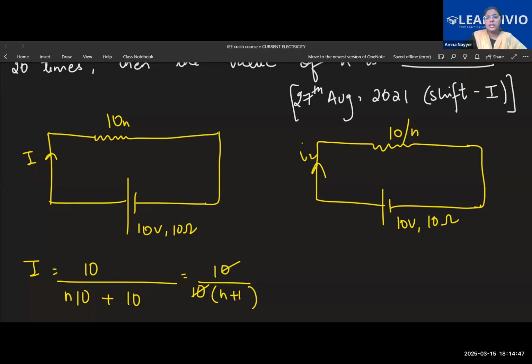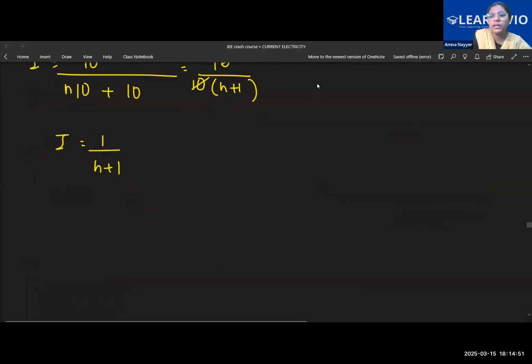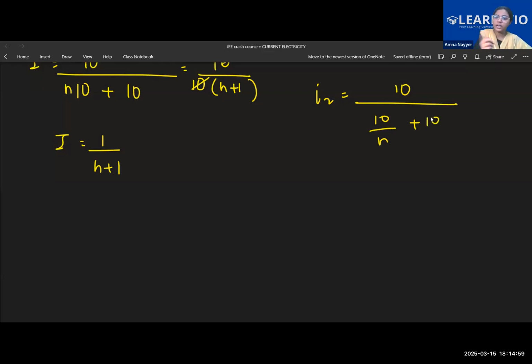So same thing, current will be calculated in the same and similar manner, right? How will we calculate the value of current? Current will be calculated by 20 divided by 10 by N plus 10. This is the difference. So again, 10 will be cancelled. Anyway, this will be 2, 1 by N plus 1, right?